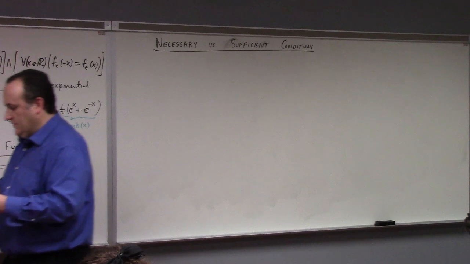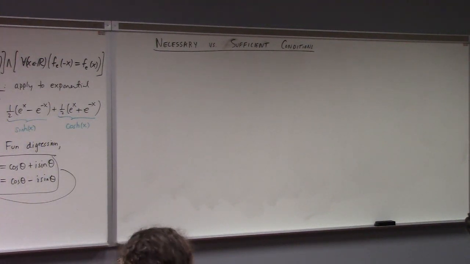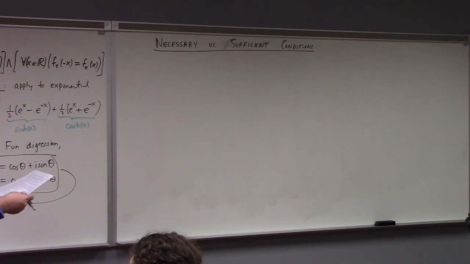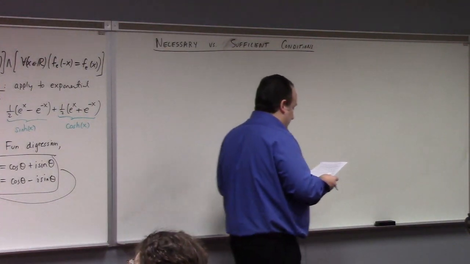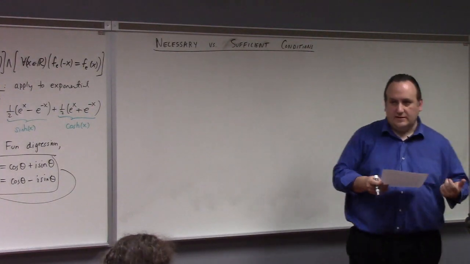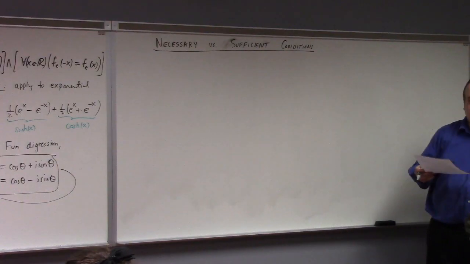A necessary condition is one which is needed for the conclusion to follow. A condition is said to be sufficient when the conclusion follows automatically from that condition alone. So necessary is needed, sufficient guarantees.